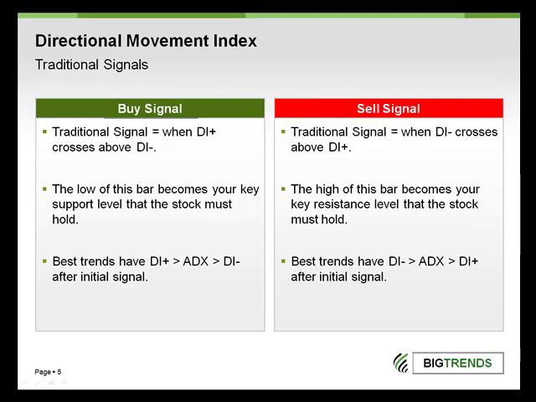Now, sell signal. Same thing. You're looking for DMI negative, or the negative directional index, to cross above the positive directional index. Correct? When that occurs, that day's low, because we want to see it confirm what we already believe.